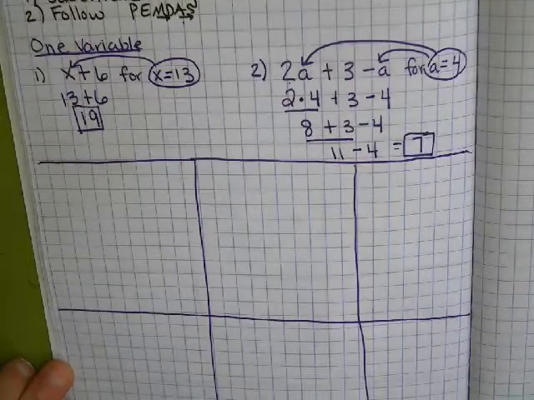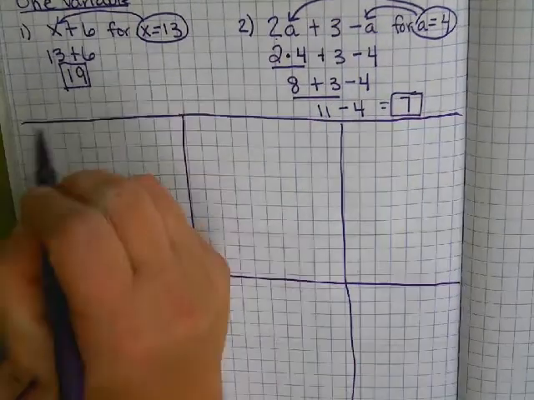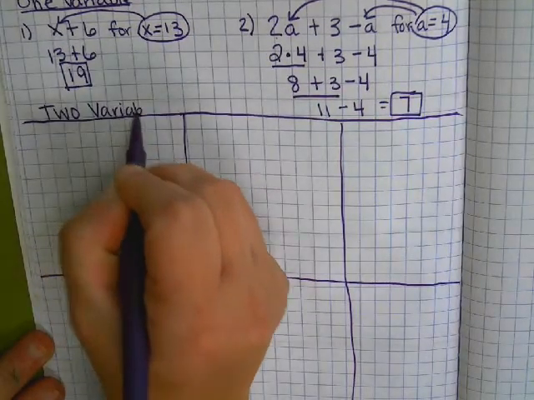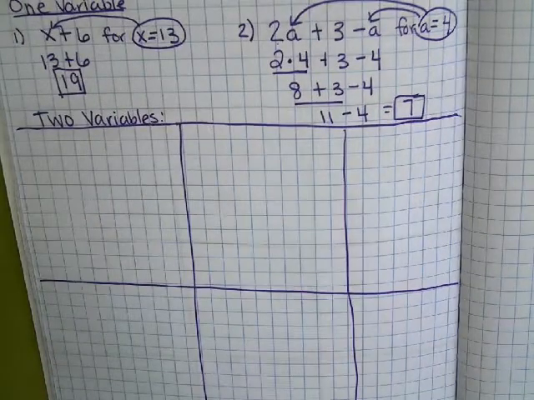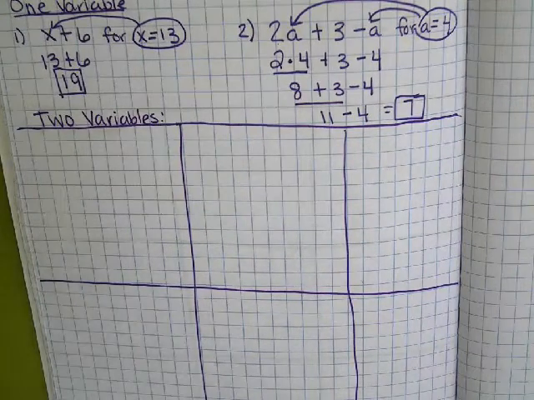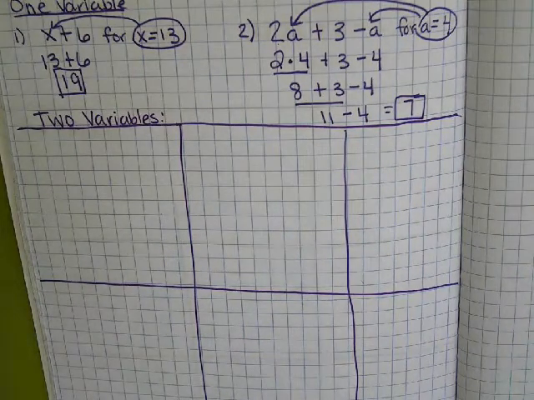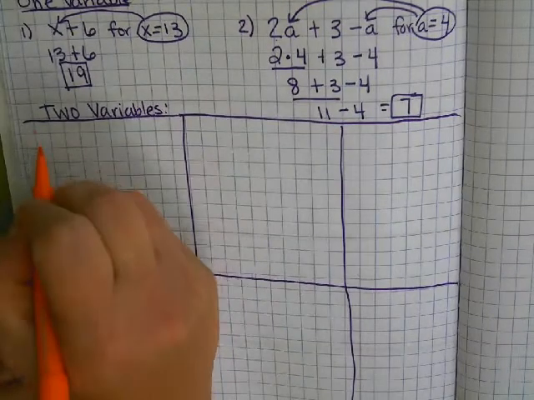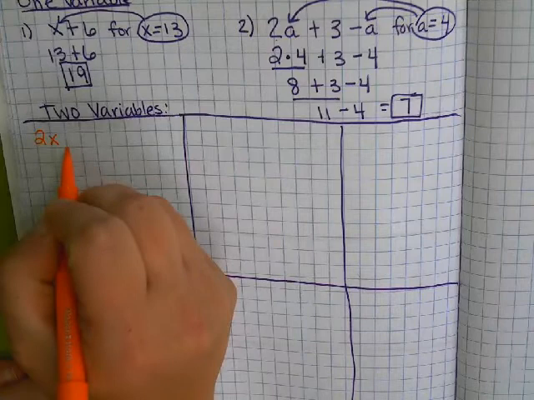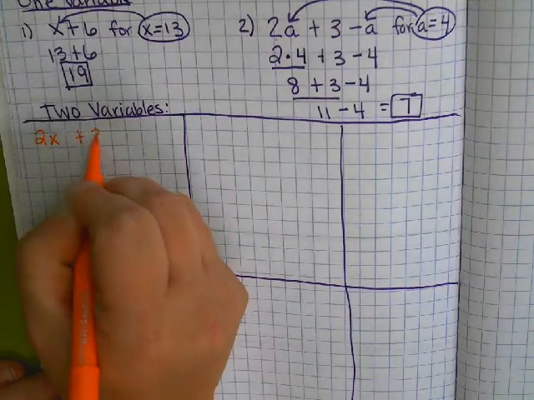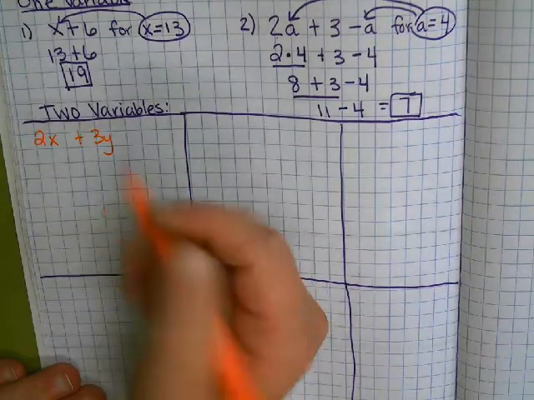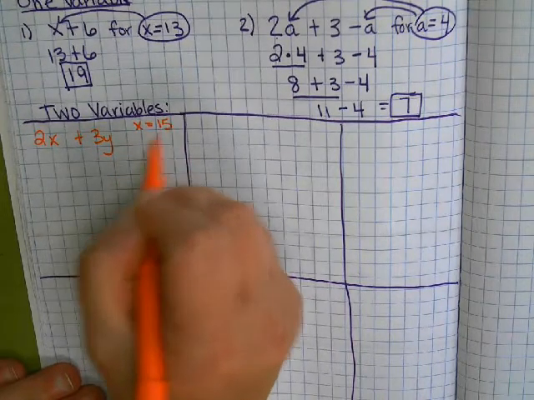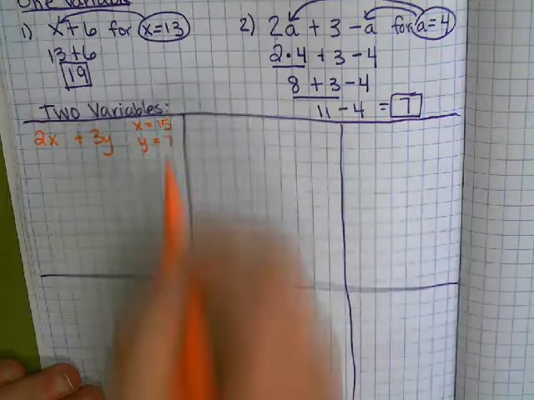And we're going to see, what does it look like with 2 variables? 2 variables. So let's try this first example right here. 2x plus 3y when x equals 15 and y equals 7.